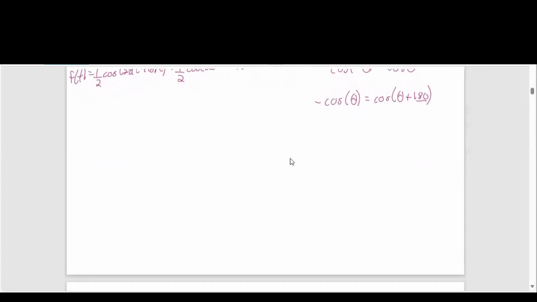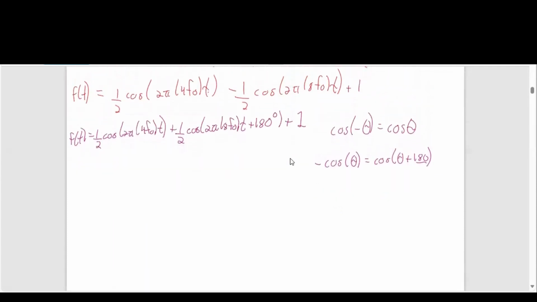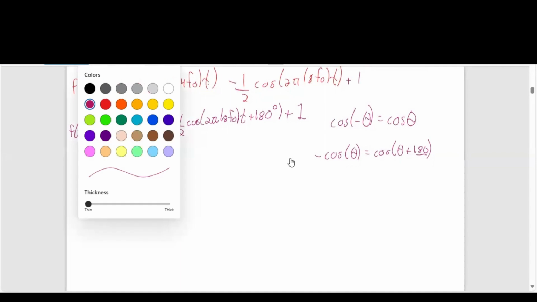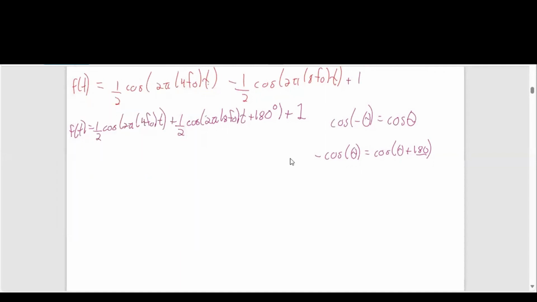So what we need to do now is plot the spectrums. Actually, no, not yet. We need to get it in the exponential form, please. Right, so to get this into the exponential form, we need to use cos theta is equal to e to the j theta plus e to the minus j theta.